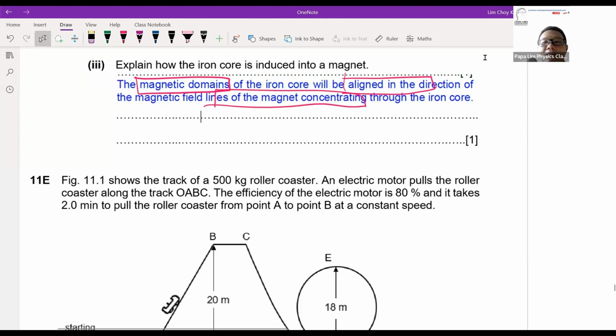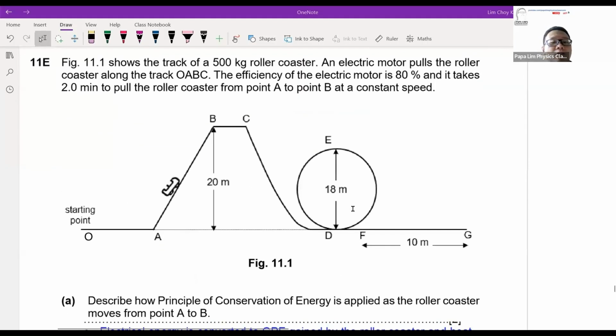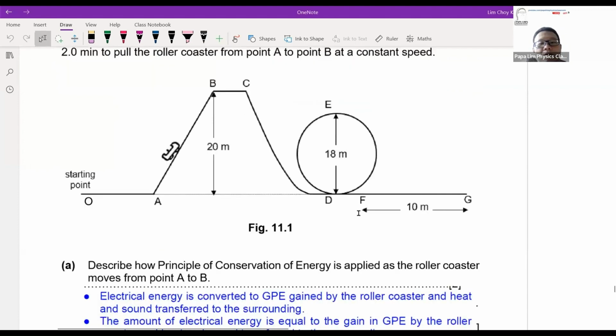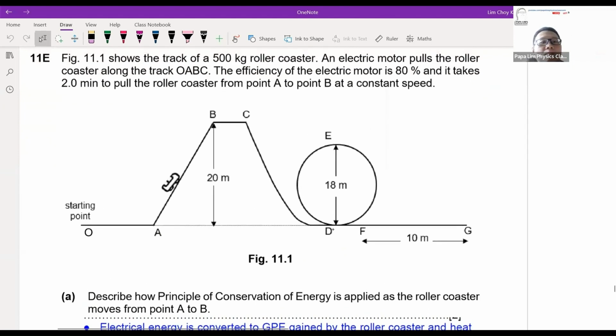Now for 11E, this is an energy question. You have a roller coaster, an electrical motor, and the track here. In part A, look at how we can use the principle of conservation of energy when we move from point A to point B. Before we can explain correctly, we need to understand the behavior at point A and point B. One of the important pieces of information is this particular segment here, which means from point A to point B there is constant kinetic energy and constant speed.